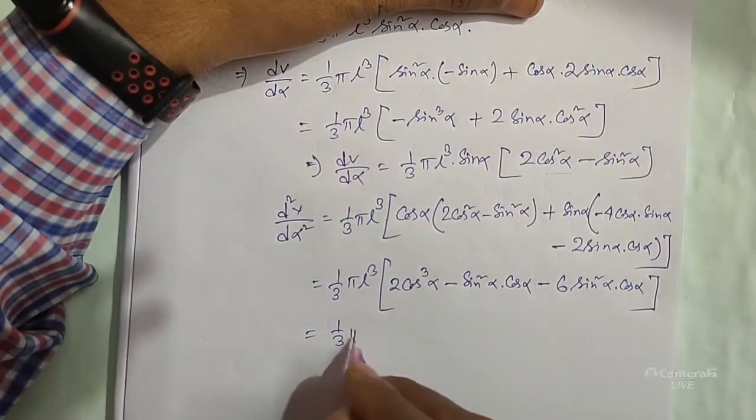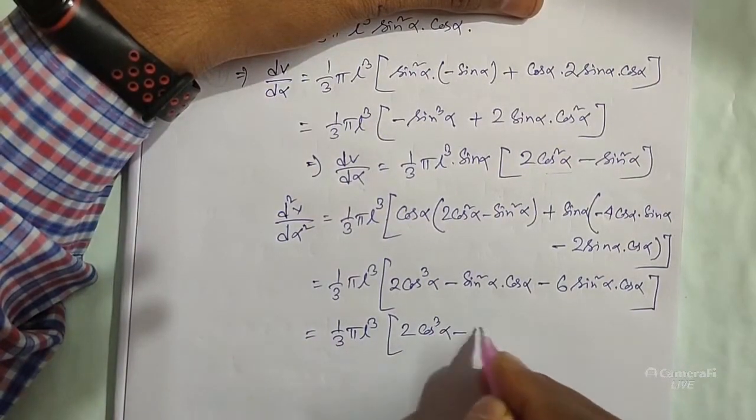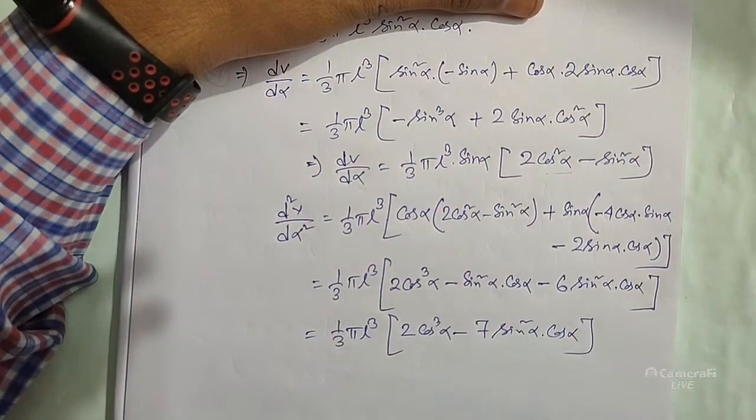This is equals to 1/3 pi L cube, 2 cos cube alpha minus 7 sin square alpha cos alpha.